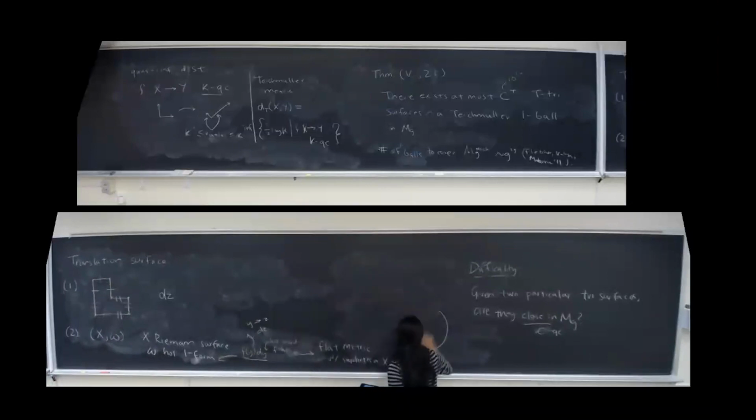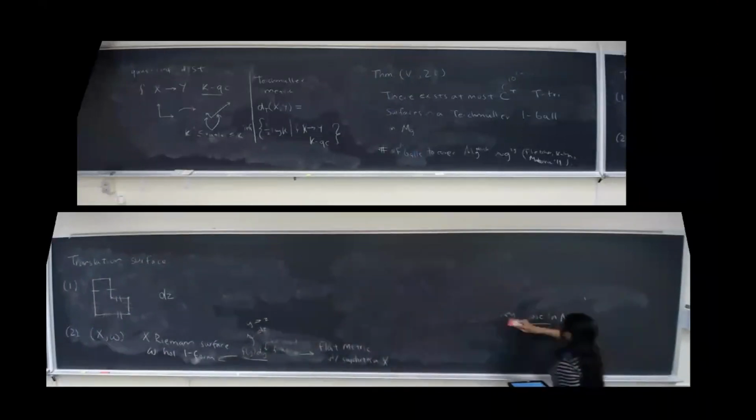Basically, the point is that if you have a holomorphic one-form, you get a flat metric with singularities. I'll sometimes omit the word singularity.